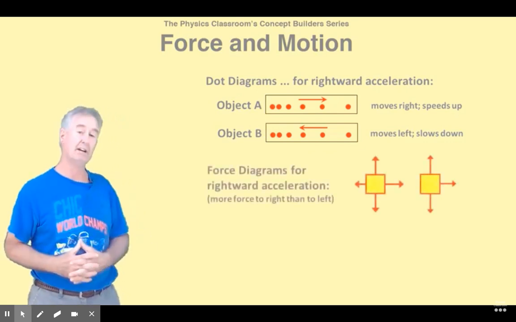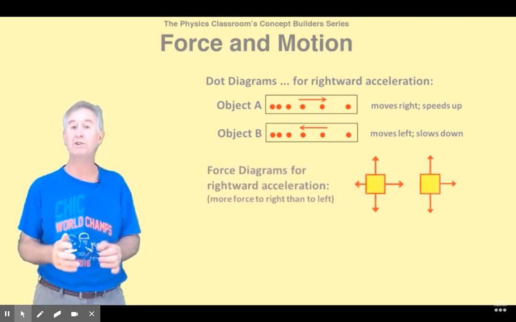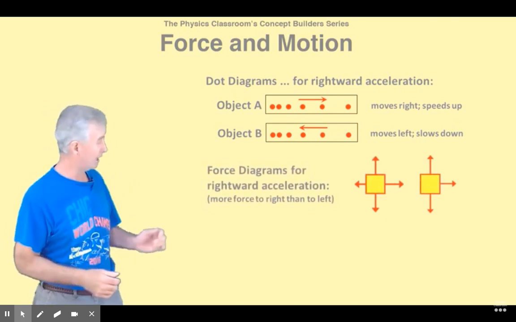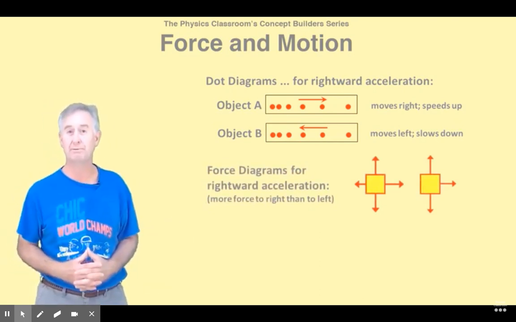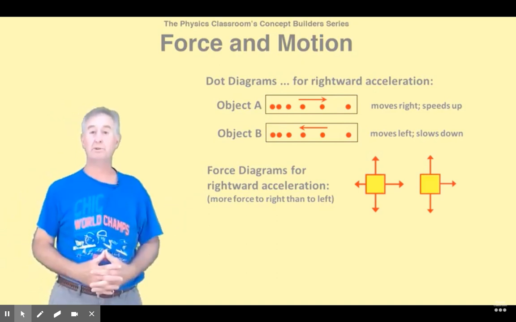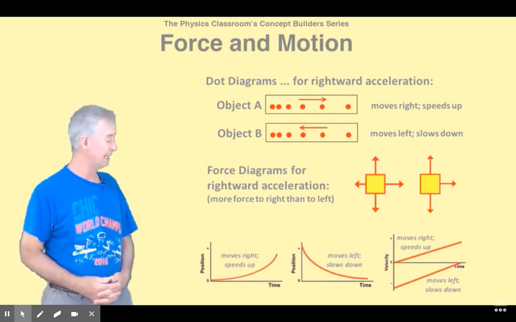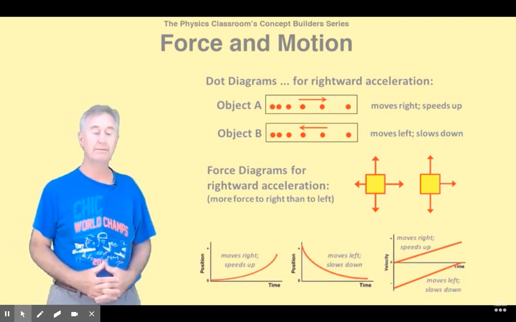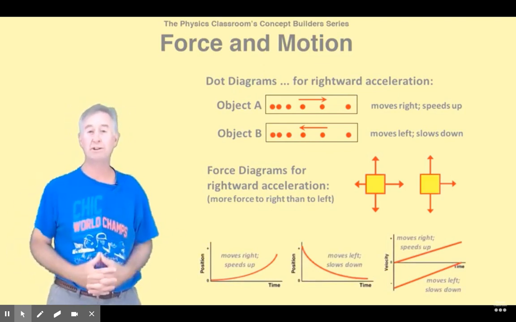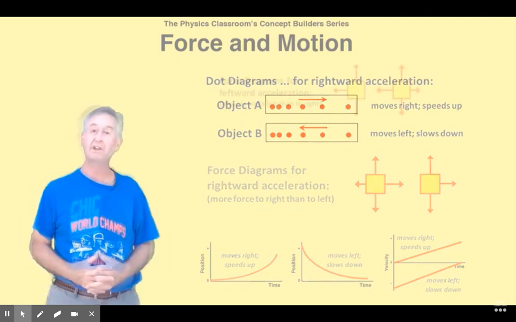Both of these dot diagrams are consistent with more force to the right than to the left, as represented by the force diagrams. So these force diagrams are representative of a rightward acceleration and can be represented by any of these kinematic descriptions, since each description represents a rightward acceleration.